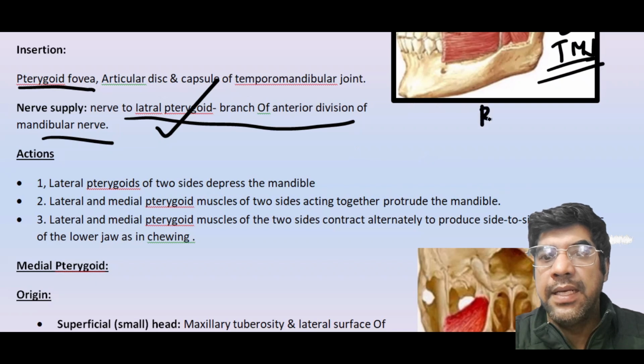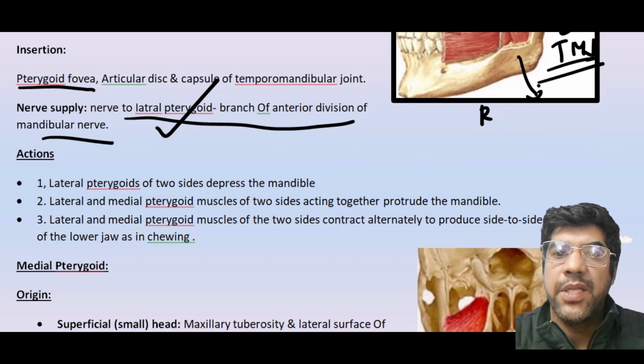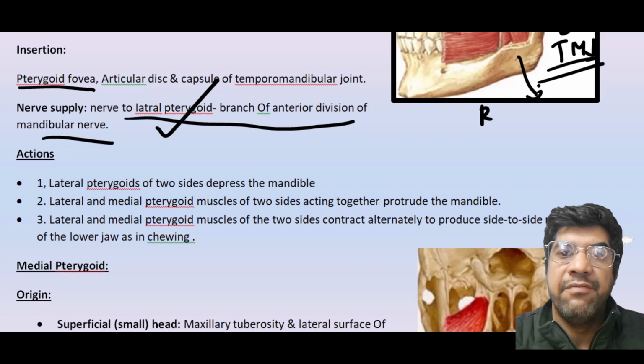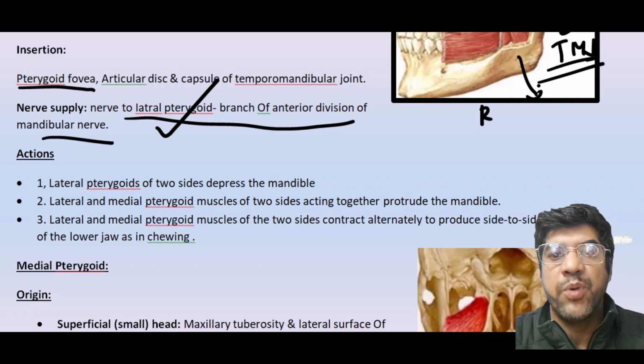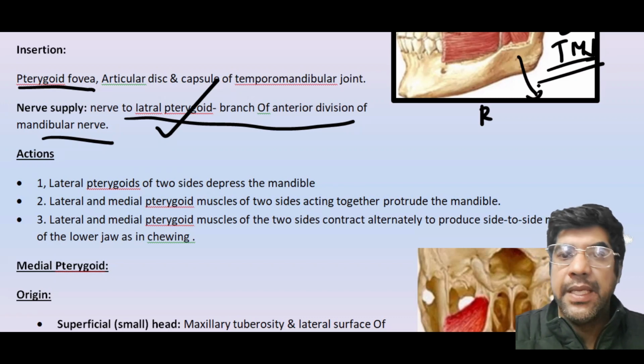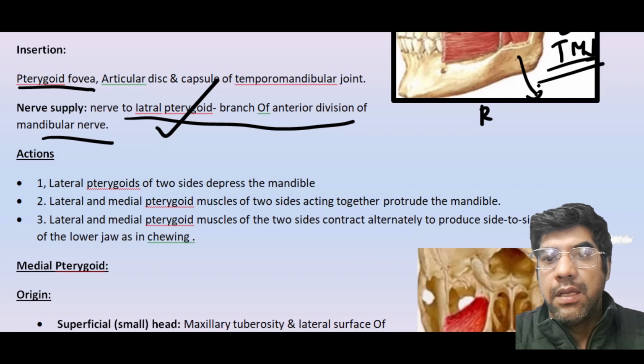Remember the right lateral pterygoid, it turns the chin to the left side. So remember the lateral pterygoid, it is a key muscle involved in complex movement of the temporomandibular joint. It functions in biting, chewing, speaking, and is important to ensure proper jaw movement.